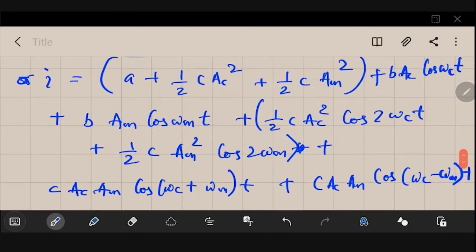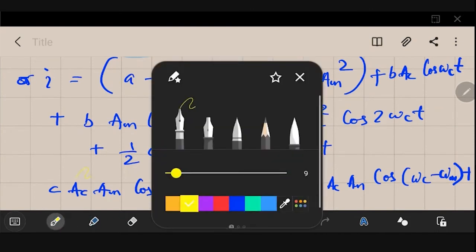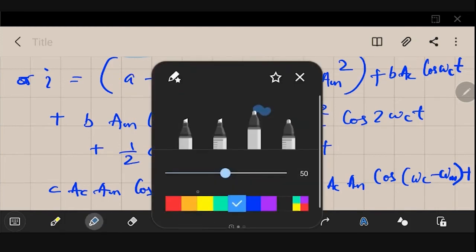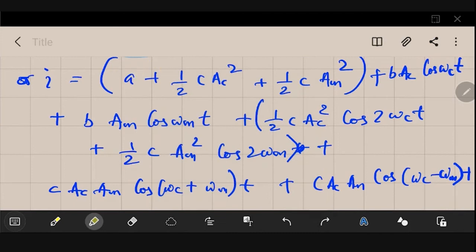Now let us name these different frequency terms. Let me highlight the groups, and then we will name these terms. This is one term, this is another term, this is another term, and these two form one part.